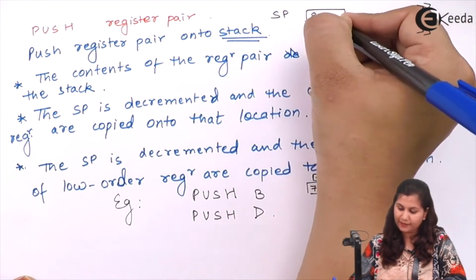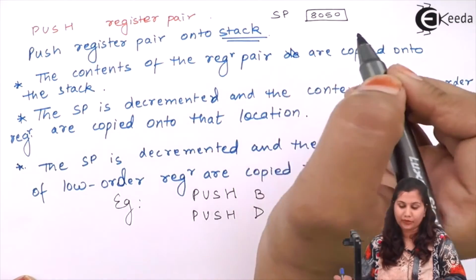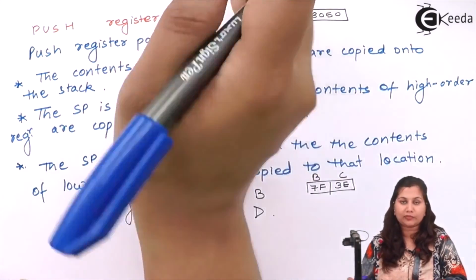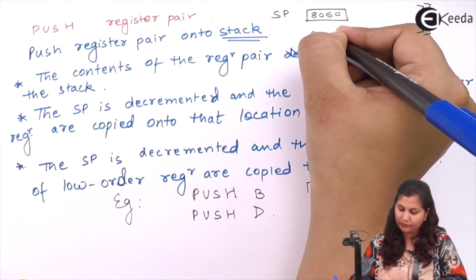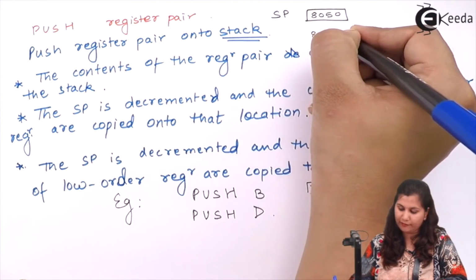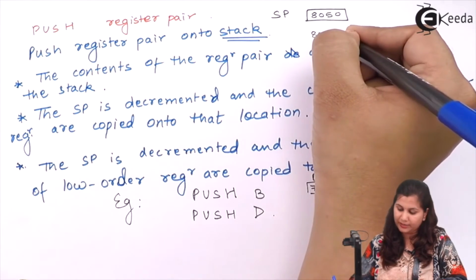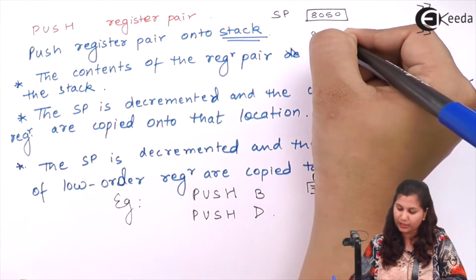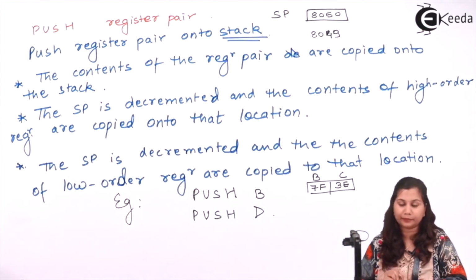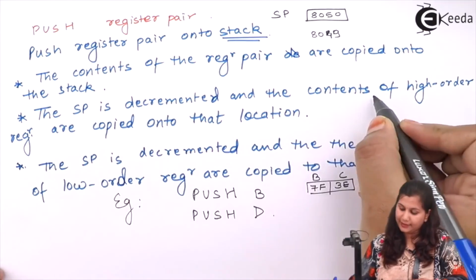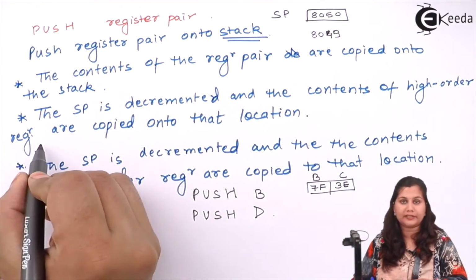Here we have 8050. Now the stack pointer is decremented, so it is decreased by 1, and we will have 8049 here.